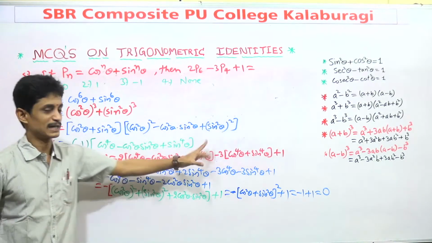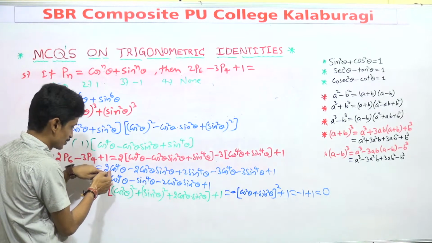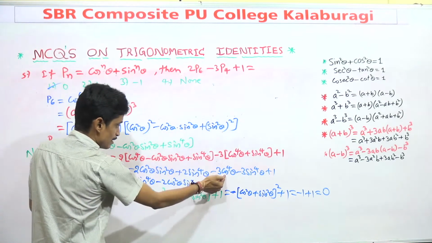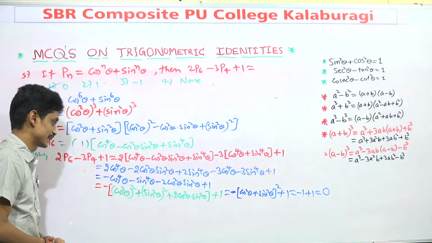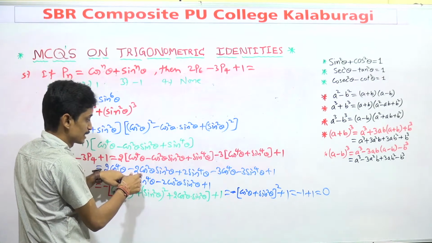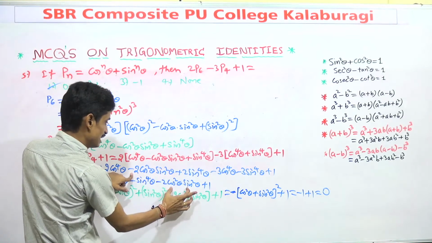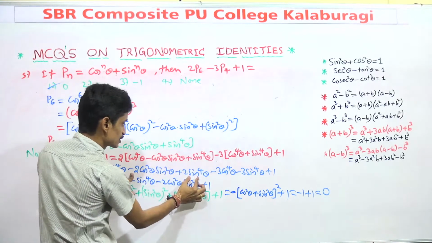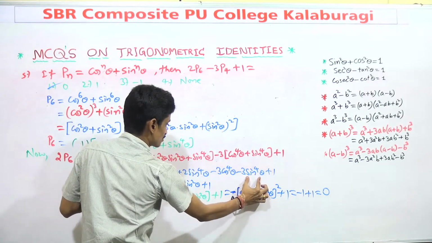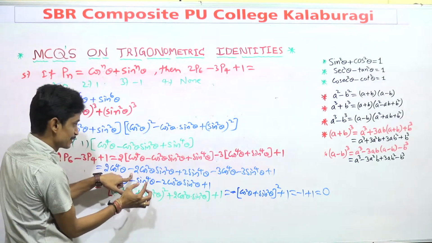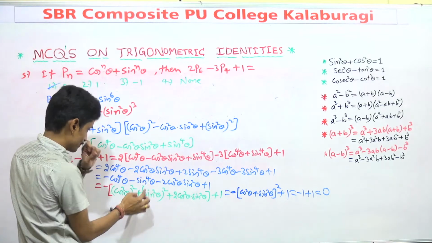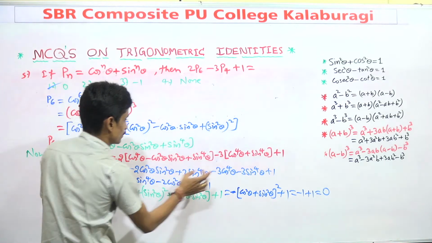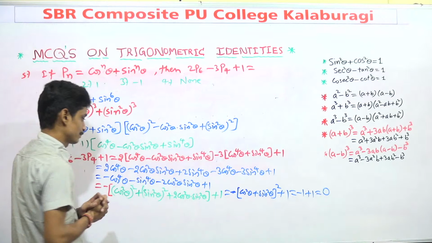After that, focus: 2 cos power 4 theta minus 3 cos power 4 theta will be minus cos power 4 theta, minus 2 cos square theta sin square theta as usual, and 2 sin power 4 theta minus 3 sin power 4 theta will be minus sin power 4 theta.